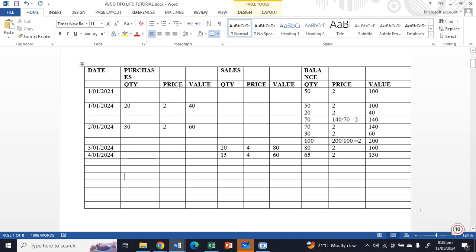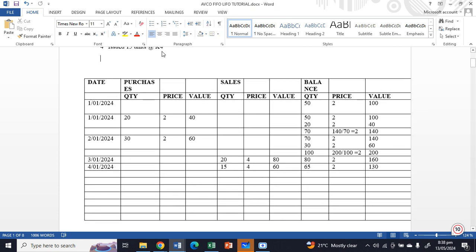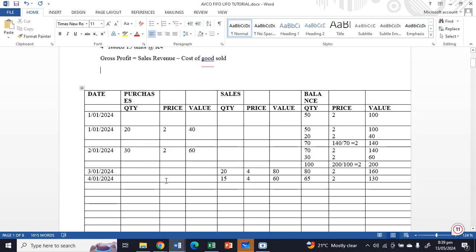All right, so this is the formula: gross profit equals sales revenue minus the cost of goods sold. So the first element in our trading account will be our sales.